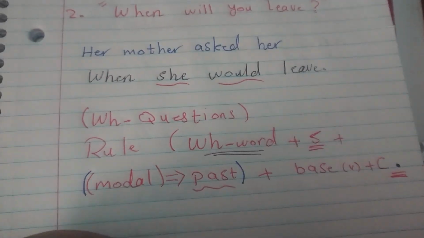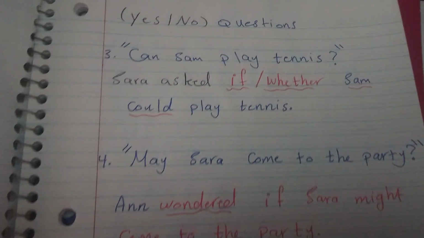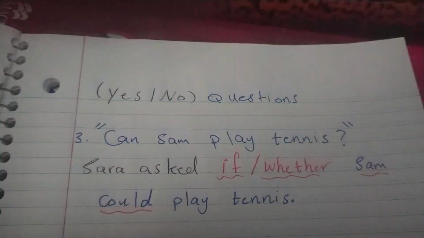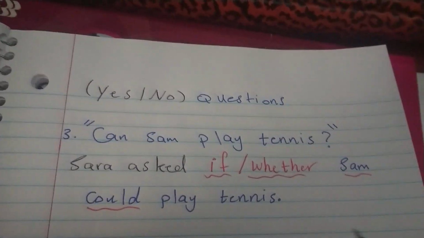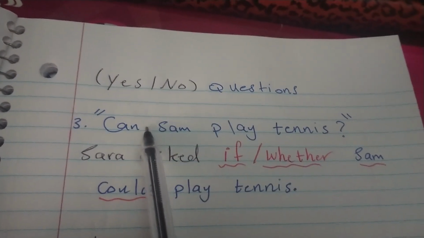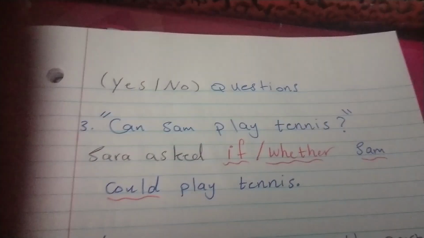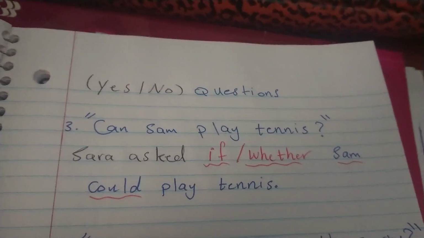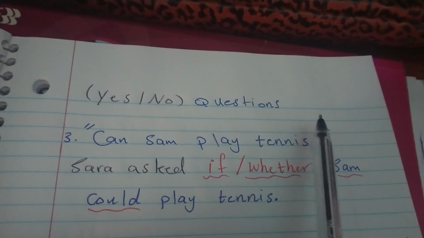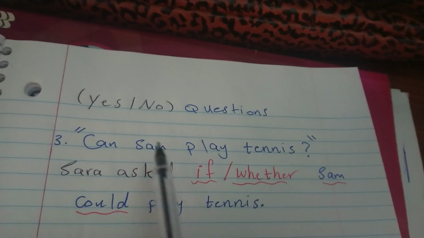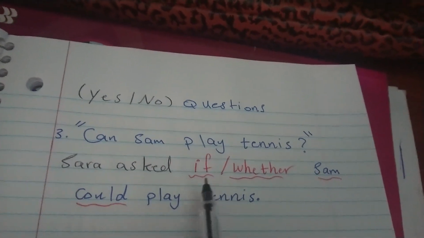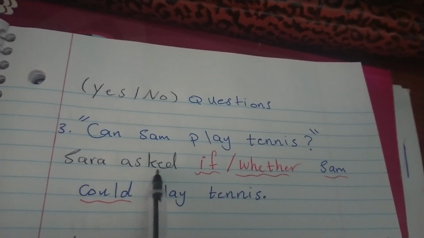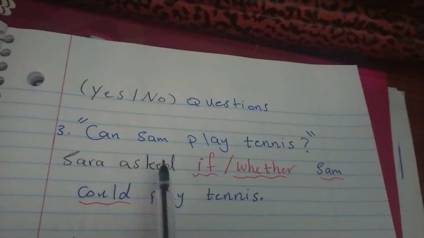Now let's move to yes or no questions. As we know, all the time for the yes or no question, we start with a modal, because we can consider it as a helping verb. Here we have the question, "Can Sam play tennis?" We notice here that this is direct speech. If we want to change it to indirect or reported speech, we will start, as we said, with the reporting verb. Sarah asked.